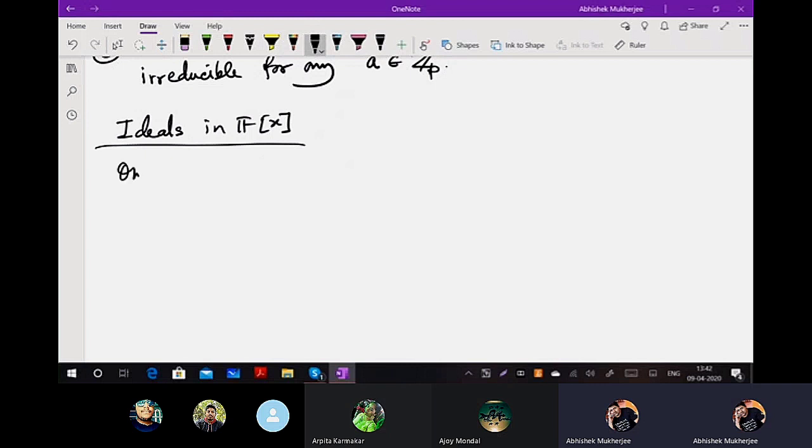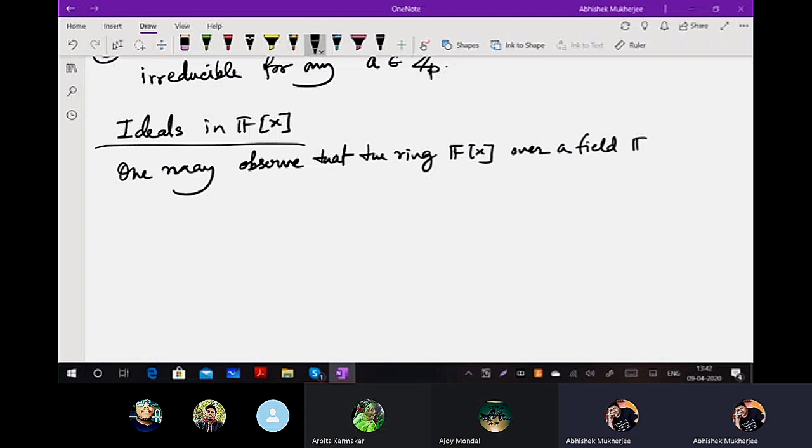So one may observe that the ring F[x] over a field F has a rich algebraic structure.